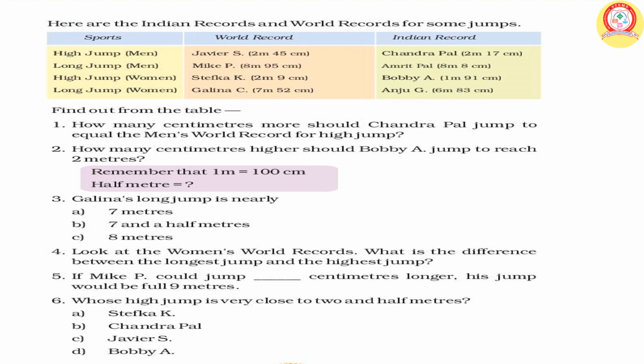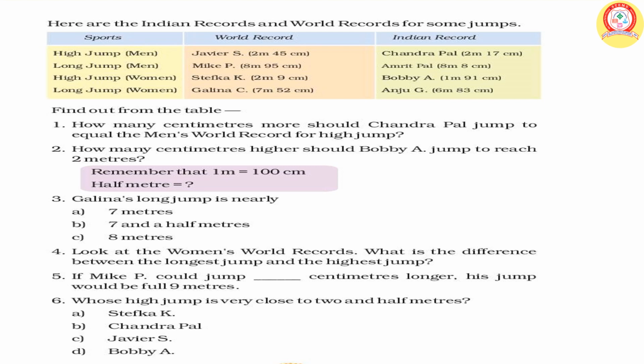Okay children. Now let's move to the fifth question. If Mika P could jump dash centimeters longer, his jump would be full 9 meters. So in this, Mika P's long jump is 8 meter 95 centimeter, which is how much? 895 centimeter, because 1 meter is equal to 100 centimeter.